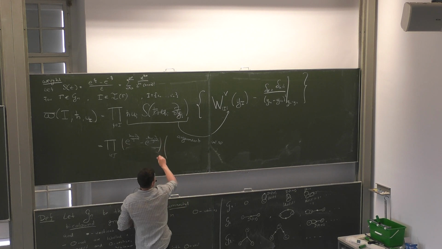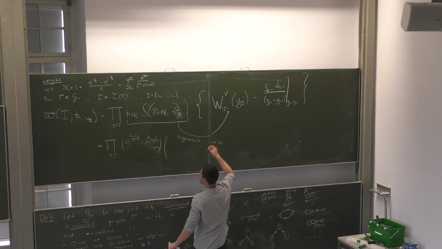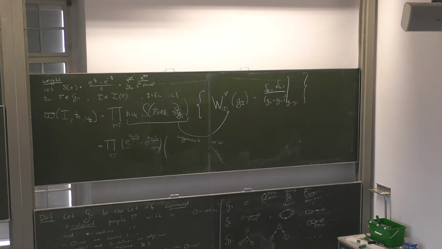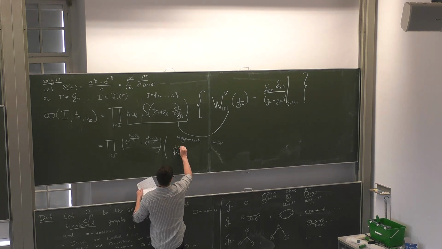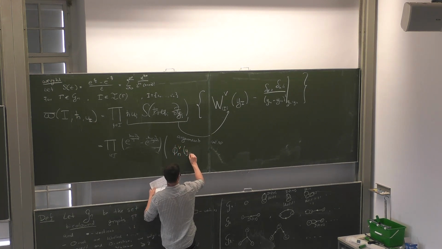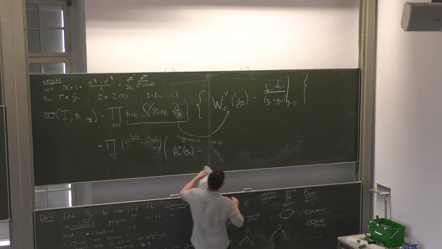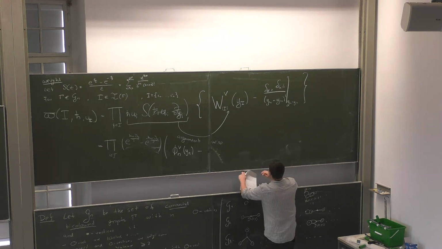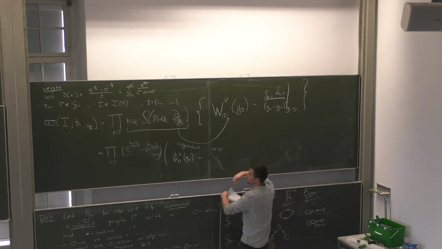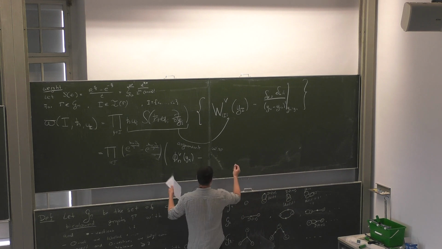The integral of these omegas was nothing else than what I have defined here as these phis. This is why I want to have them. So we have this phi check of y_i minus the integral of this, which is essentially the logarithm, but with a higher genus spectral curve it can be more complicated.